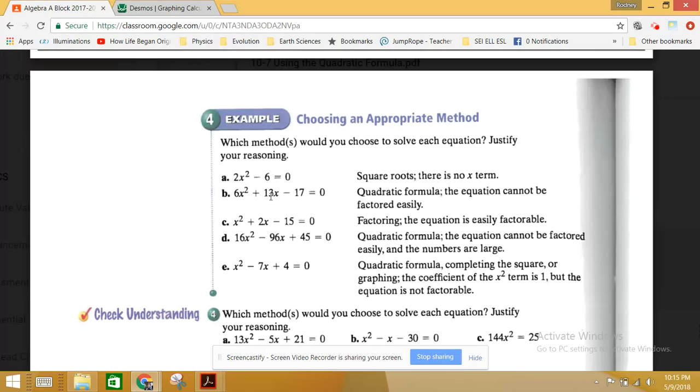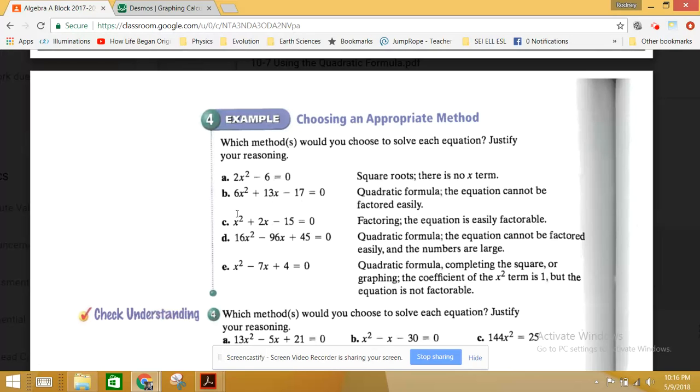And it's also really not going to lend itself to completing the square, because completing the square, you'll have to divide everything by 6, and then you'll have a middle term that's 13 over 6. And then you'll be adding the square of 13 twelfths. And who wants to do that? So let's just plug and play. Plug A, which is 6, B, which is 13, and C, which is negative 17 into the quadratic formula.